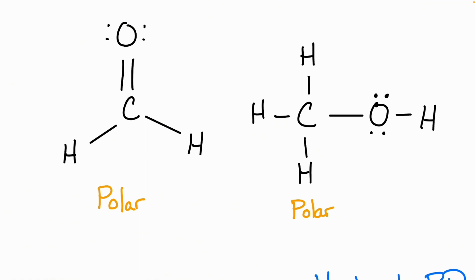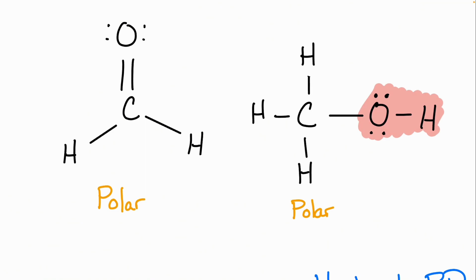Which one is that? The one on the left or the one on the right? Both of these have hydrogens, right? Importantly, you have to have one of these special bonds, either an oxygen bound to a hydrogen, a nitrogen bound to a hydrogen, or a fluorine bound to a hydrogen.